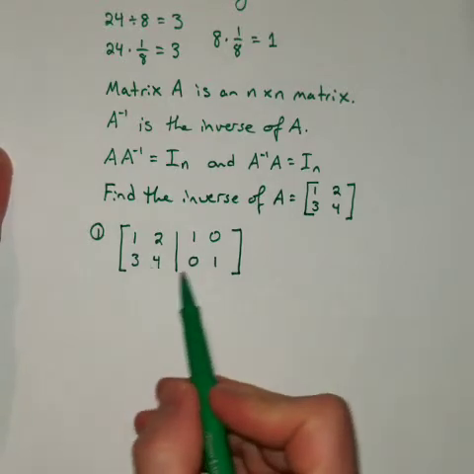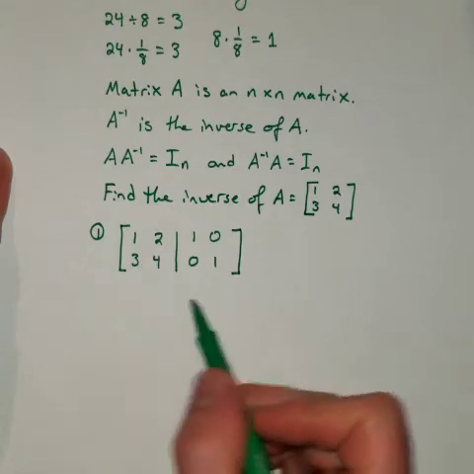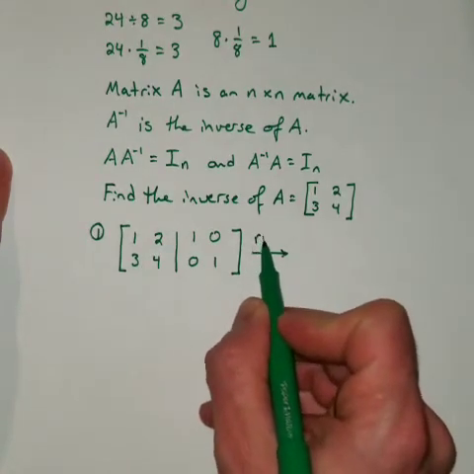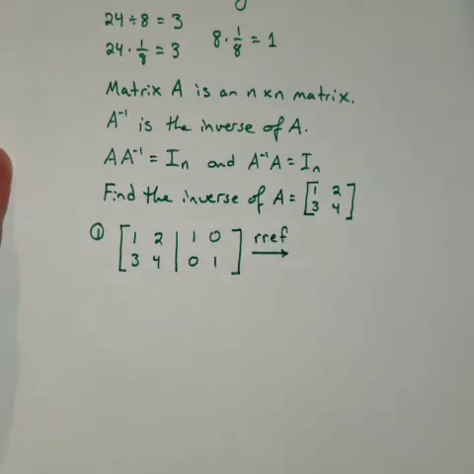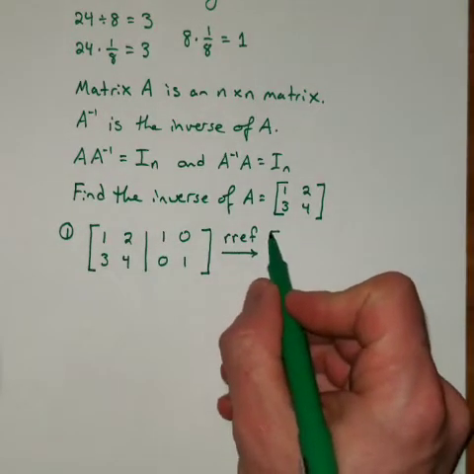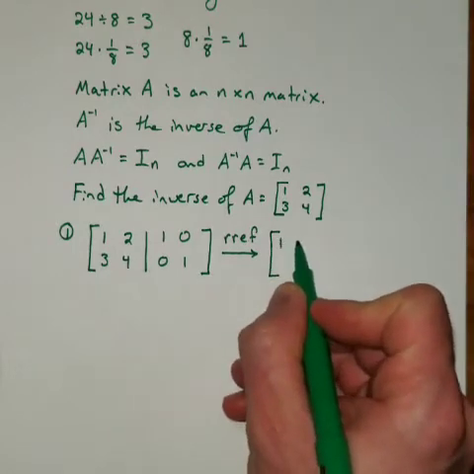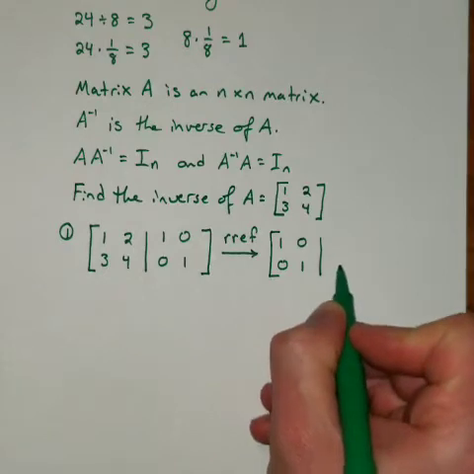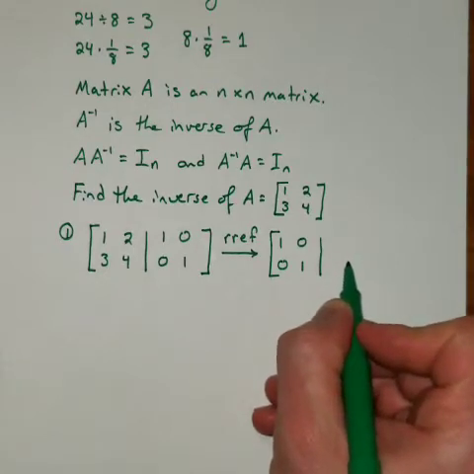Now there's a reason this is important, and what we can do is we can use the reduced row echelon form that we've seen in the past to simplify this. Once this matrix is simplified, what you will end up with is the identity on the left side, and you will have the inverse matrix on the right.